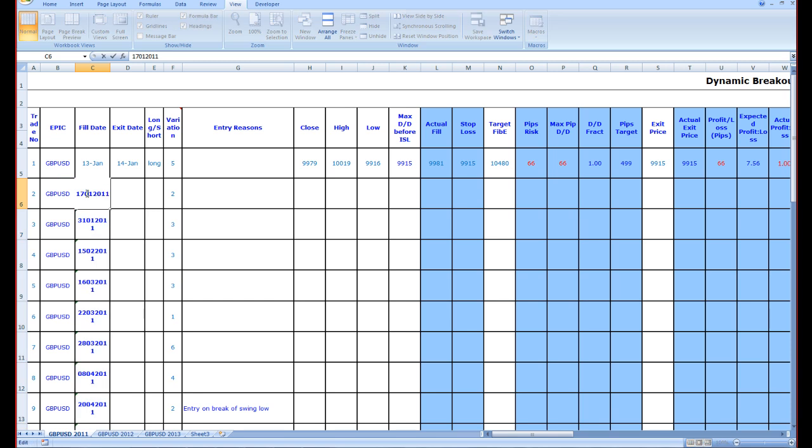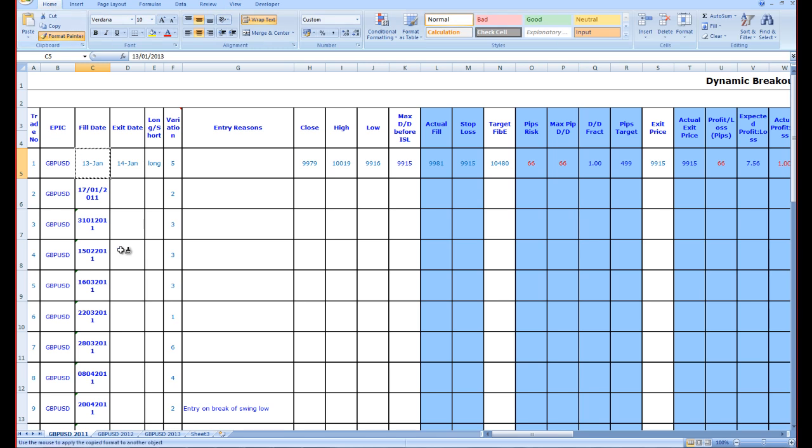If I put just the forward slashes in between, I believe it should convert. No, it doesn't. Why is that? Let me format it. No, it's still not working. Why? Oh, it's because it's 2013, is it? Yeah, there you go. You need to put 2013 and then it starts working. Actually, it's not 2013, is it? It should be 2011. I don't know why he's done it like that.